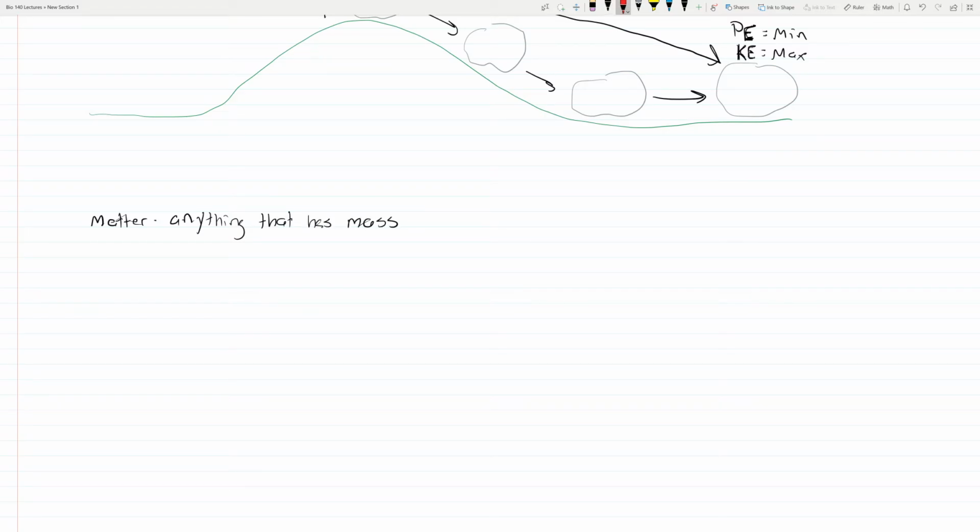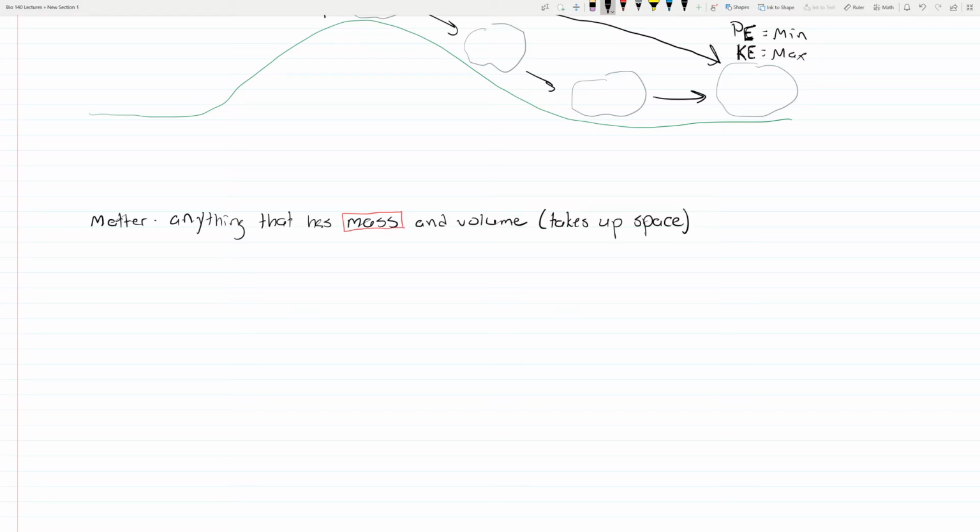We're going to put a little red box around that, and volume. Another way to think of volume is anything that takes up space.